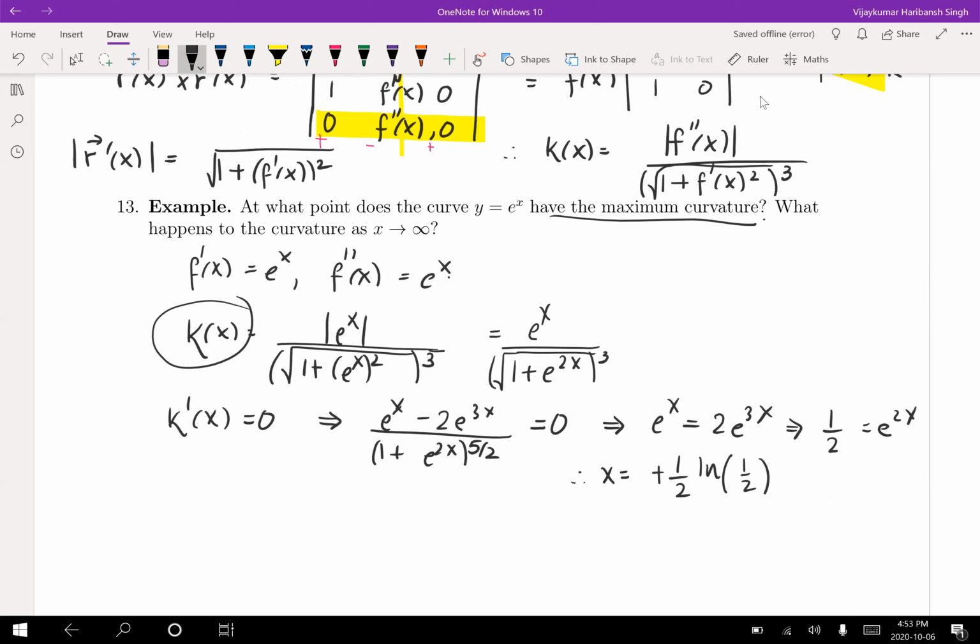This is the critical point, and you can show using the second derivative, or the sign diagram, that it is a maximum. So we have got the maximum curvature.